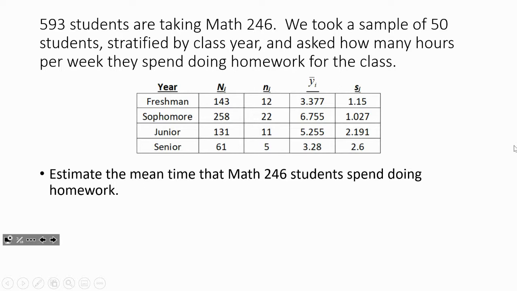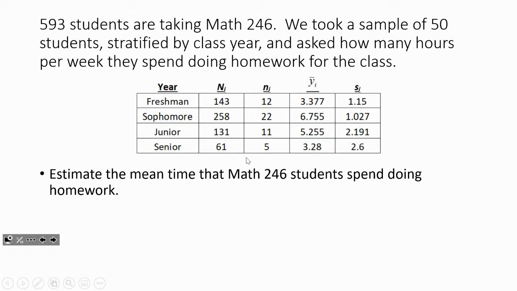Yeah. So thinking about the data in this table, we want to take each of the n sub i's, so the population size of that stratum, times each of the y bar sub i's. Add those up and then divide by 593, the total population size.